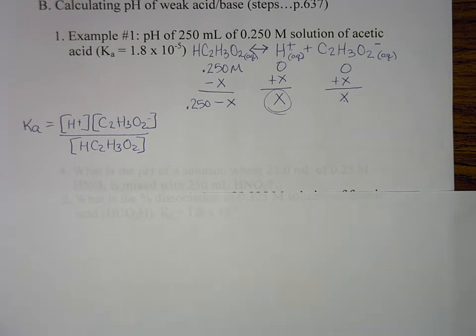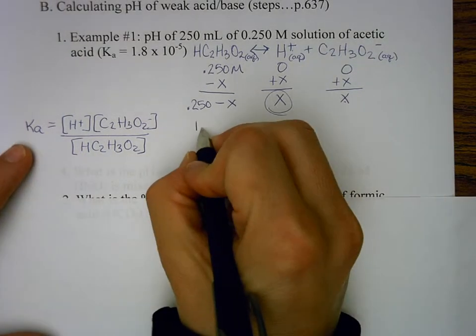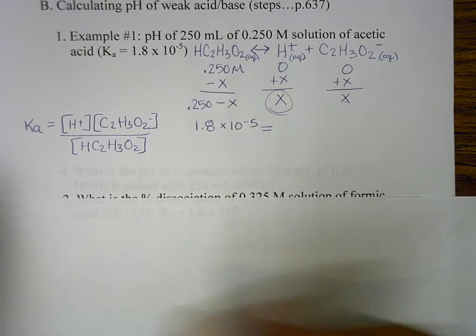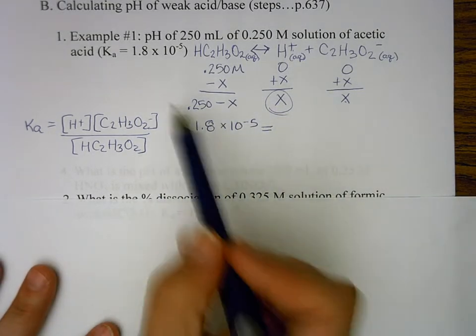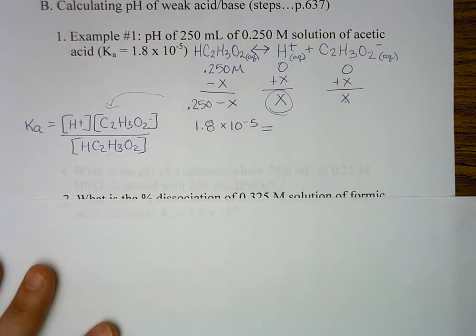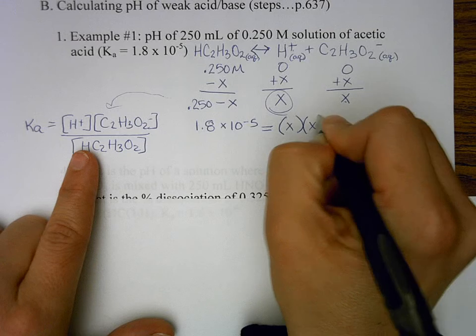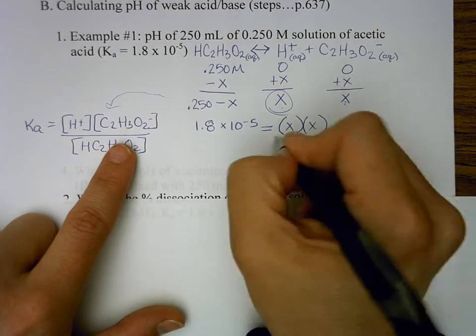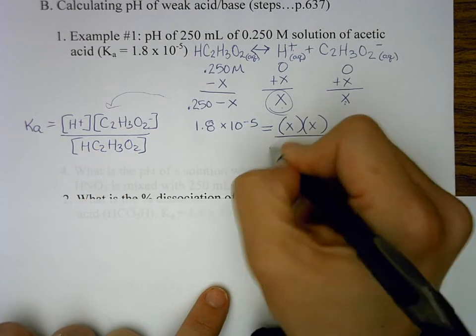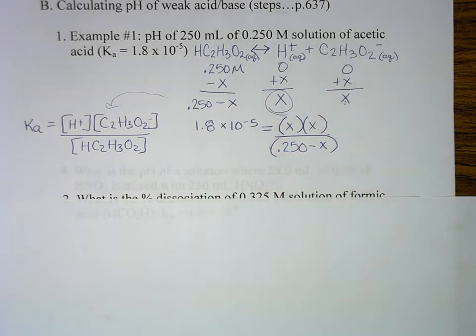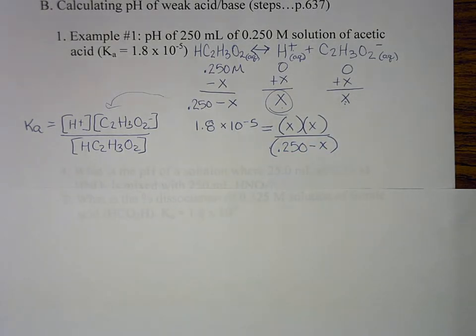They give me Ka, so Ka is 1.8 times 10 to the negative 5. I set that equal to, and then I plug in my whole equilibrium row into my concentrations here. So x times x over 0.250 minus x. I got these from my ice table. Ka is super small, so that means x is super small.